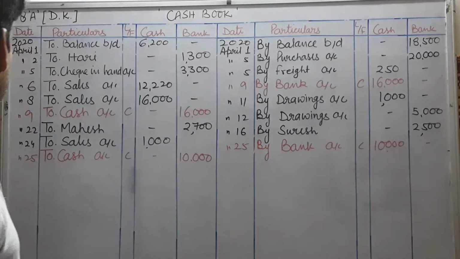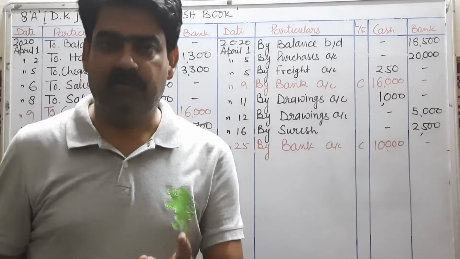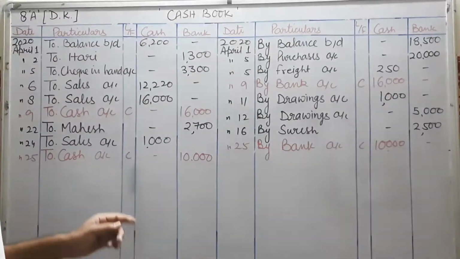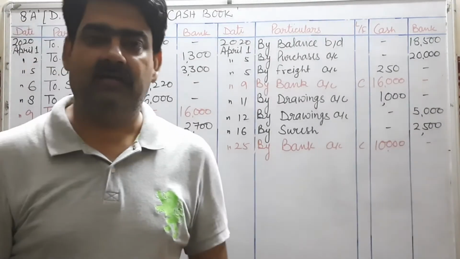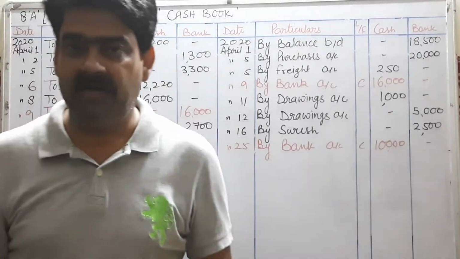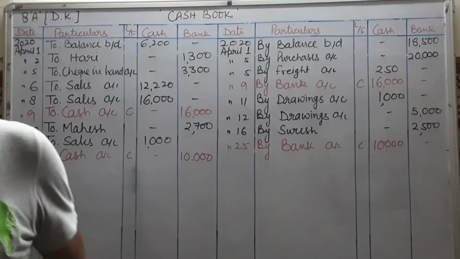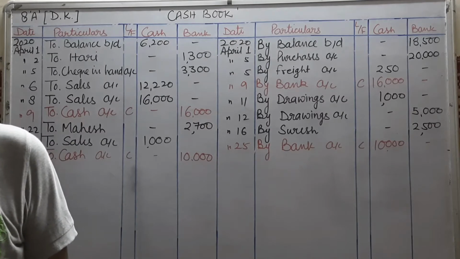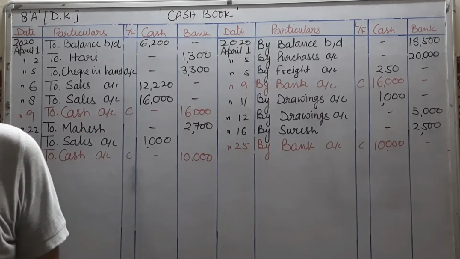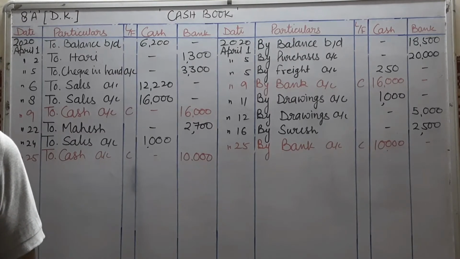But before this, see the transaction which was on April 24, we have received cash rupees 1000 and check of rupees 1200 for cash sale. But there are instructions regarding this. It is not mentioned in the question when the check received on 24th April for rupees 1200 was deposited into bank.